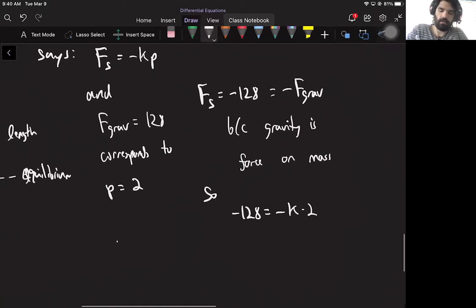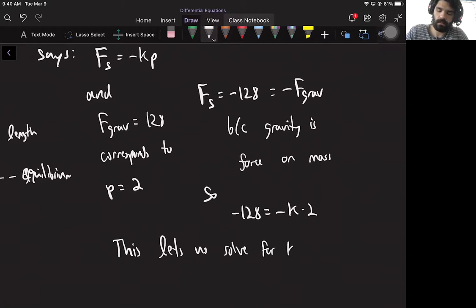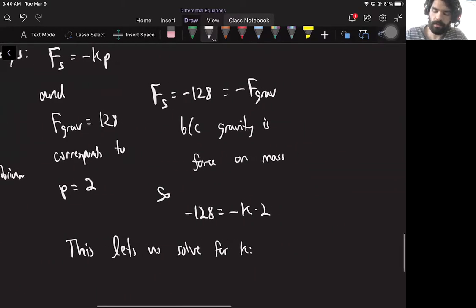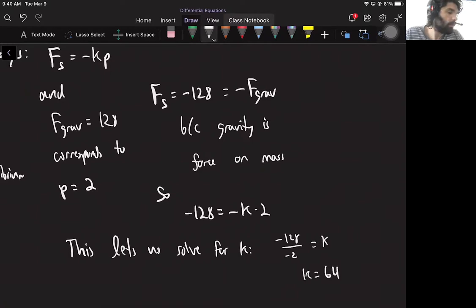This lets us solve for k. People call this the spring constant also. In any case, in this problem, k equals 64. We'll need that later in the problem.